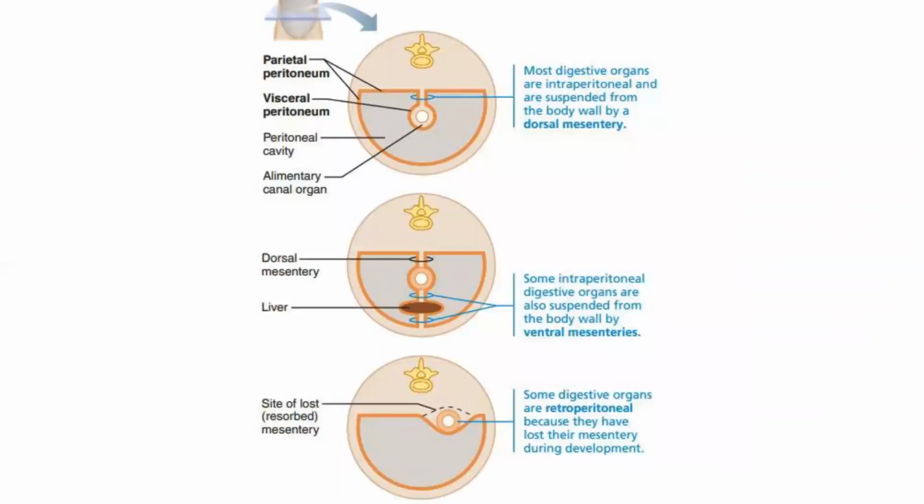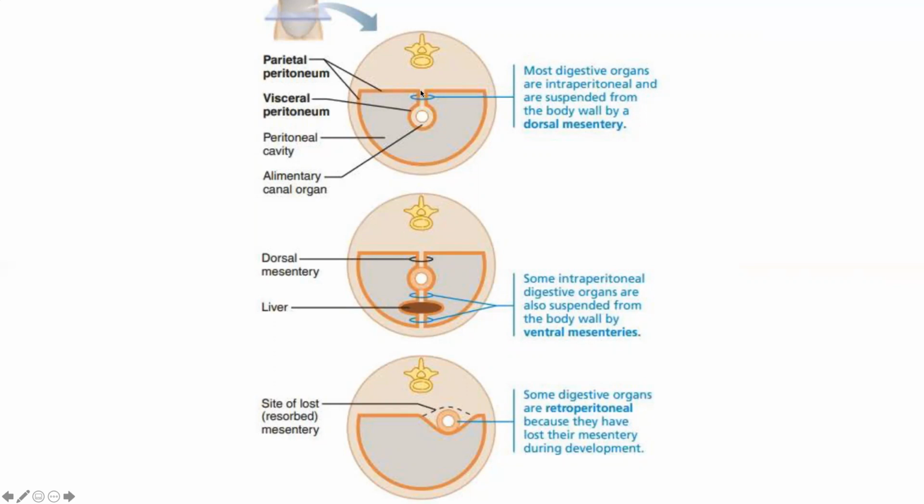This is the transverse section of the abdomen. This is posterior, where we have our spine. This is anterior. And this is the gastrointestinal tract in cross section. If you look at that, the peritoneum covers the posterior abdominal wall, and it also extends to cover the inner aspect of the anterior abdominal wall.